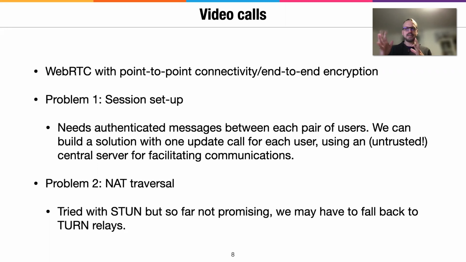Now, we don't do this exactly, because it would take quite a bit of time. It's a lot of update calls that would have to happen in sequence, and that would cause a pretty big delay when setting up a call.